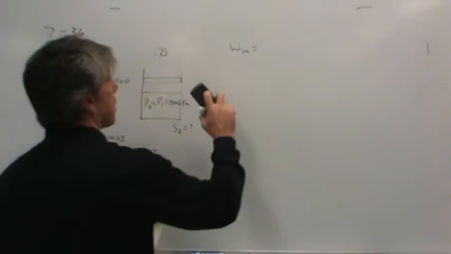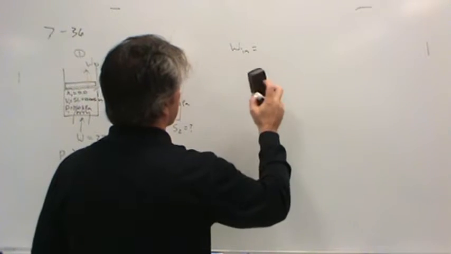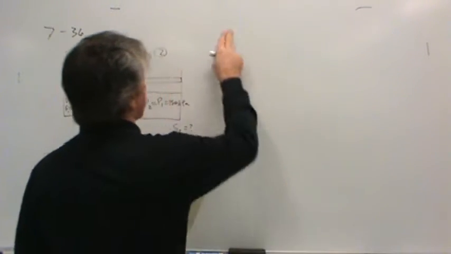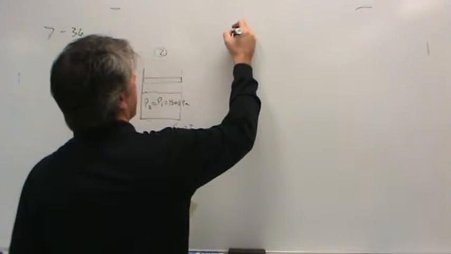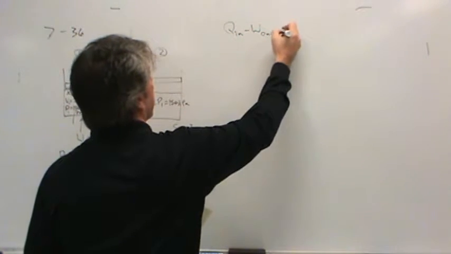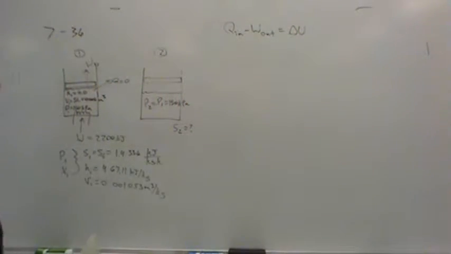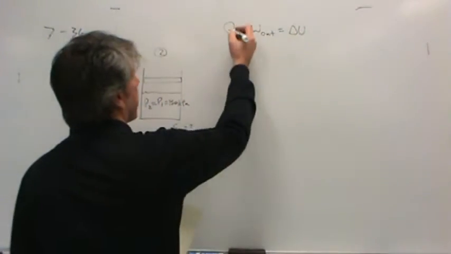Let's start from the regular energy balance. Heat transfer in minus work out, and these would be net amounts, equals the change in internal energy of the system. This is just our closed system energy balance.